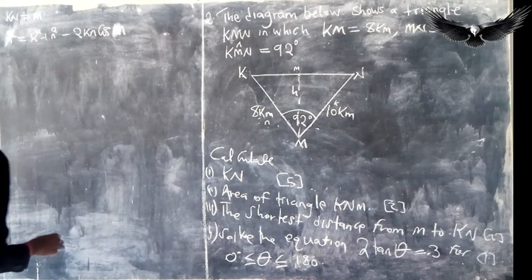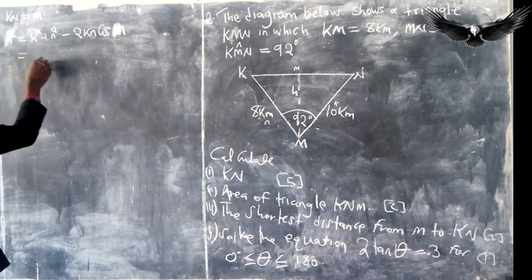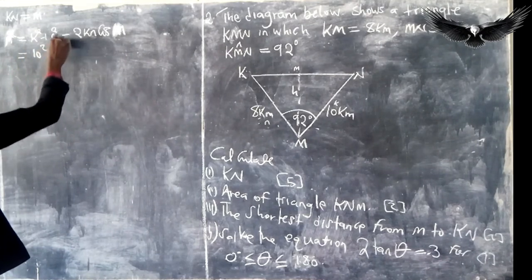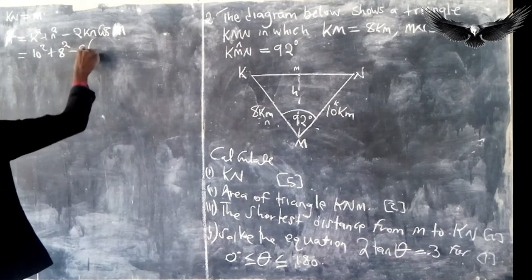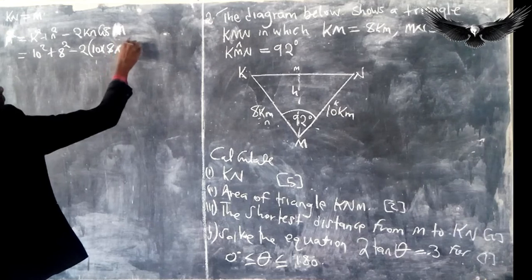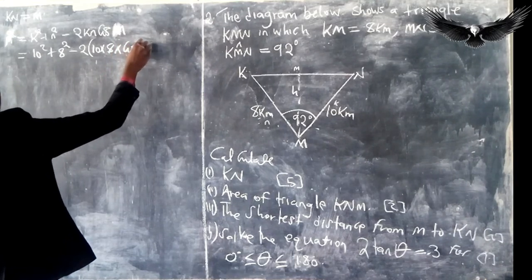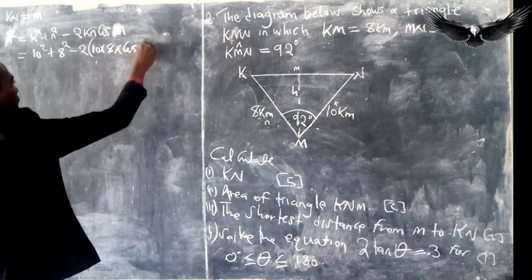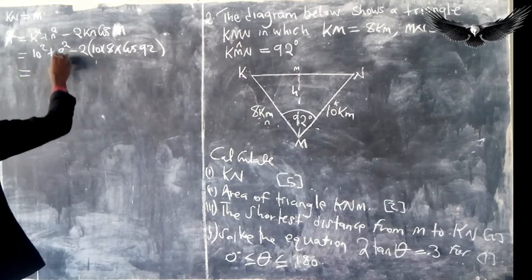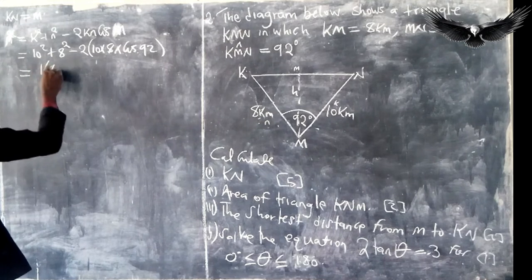That will be the formula. So we substitute: we are going to have our k there, which is 10 squared plus 8 squared minus 2, open brackets, 10 multiplied by 8 multiplied by cos 92. So we solve this one, 10 squared plus 8 squared, that is 164.